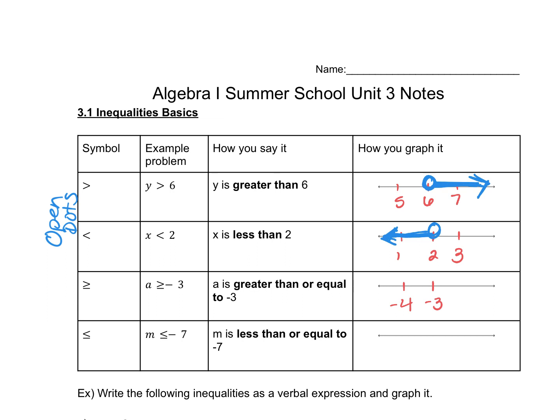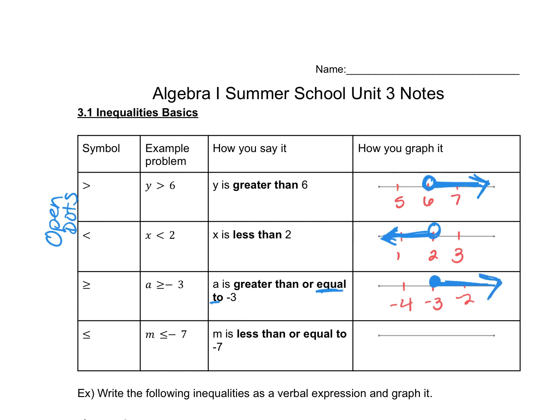And then one larger than -3 would be -2. I know it's backwards, but that's just how negative number lines work. This time it's going to be a closed dot, and the reason is it's greater than or equal to, so it could be that number -3. So greater than or equal to goes this way.